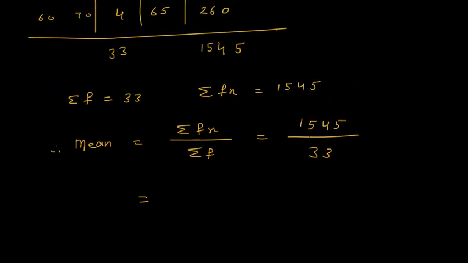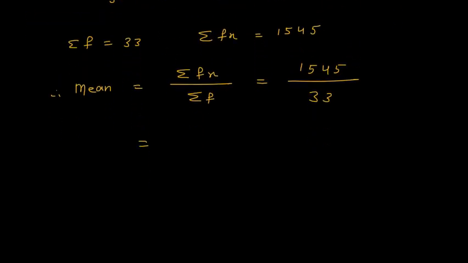With 3 we can cancel. So 3 5s are 15, 3 1s are 3, 3 5s are 15. Then here it is 11. Now 11 4s are 44.